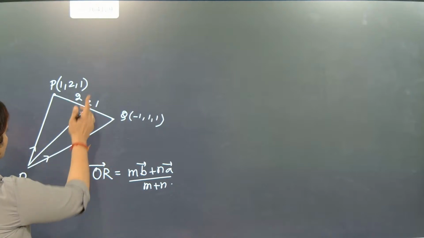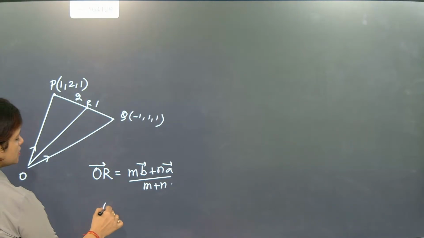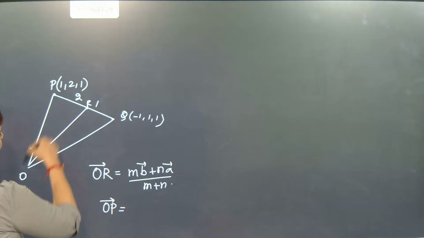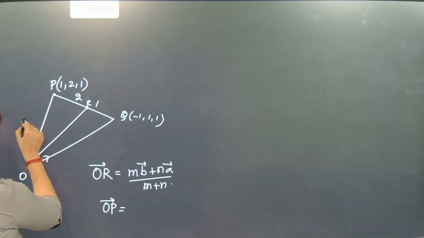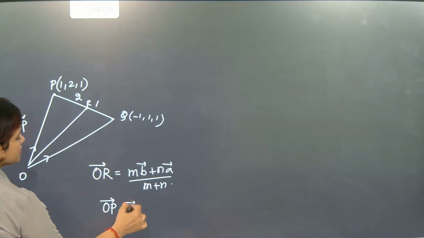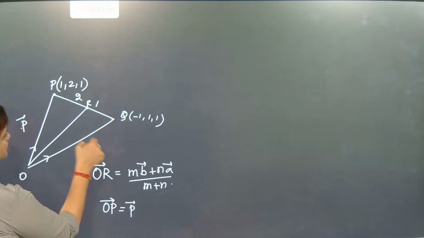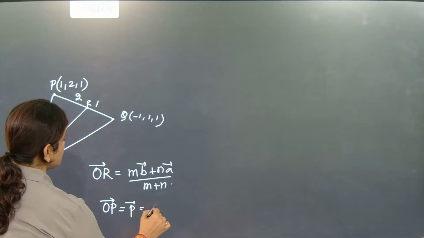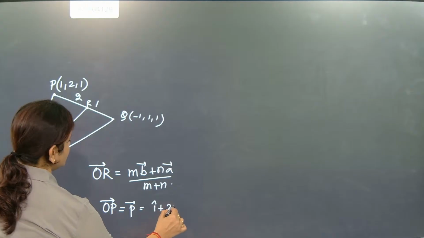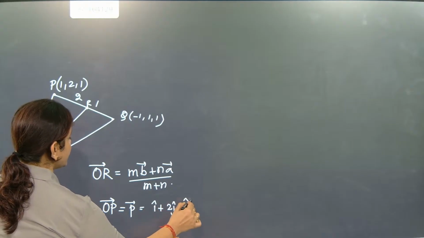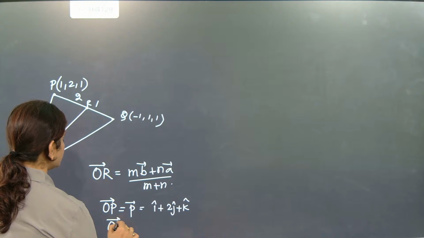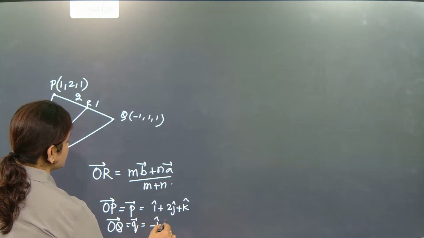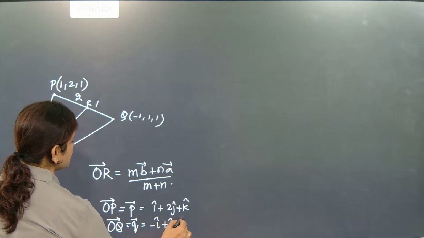So here we are going to write OP vector first. OP vector we can take as P vector, because this will multiply with that part. So OP vector is coming as i plus 2j plus k and OQ vector is Q vector, that is minus i plus j plus k.